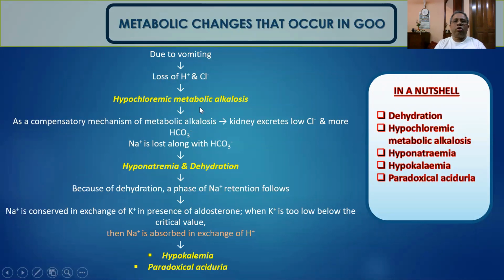Though hydrogen ion is lost in the vomitus, later there is again a loss in the urine. For that reason, it is called paradoxical aciduria. So in a nutshell, the patient develops dehydration, hypochloremic metabolic alkalosis, hyponatremia, hypokalemia, and paradoxical aciduria. You must know all these terminologies. Otherwise, we won't be able to pass the exam.